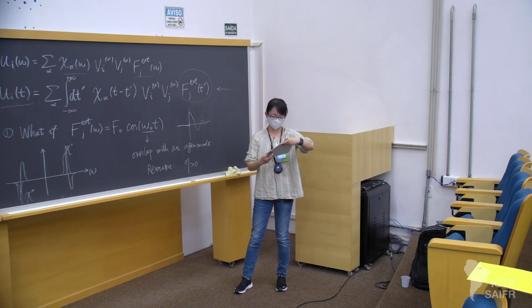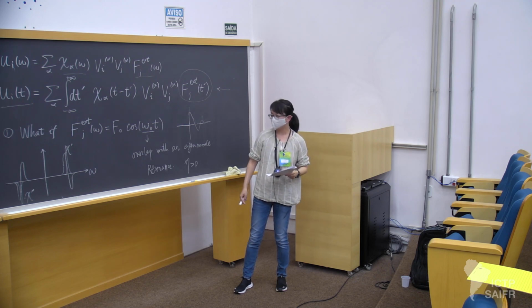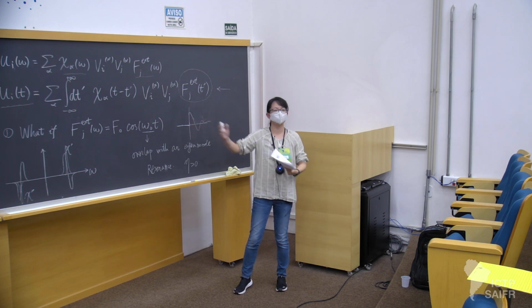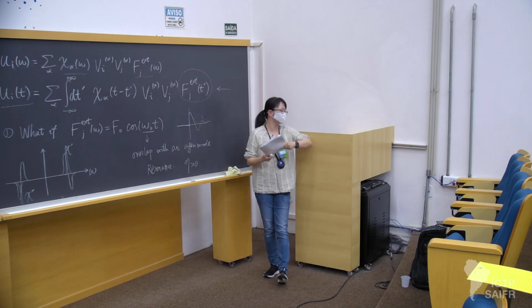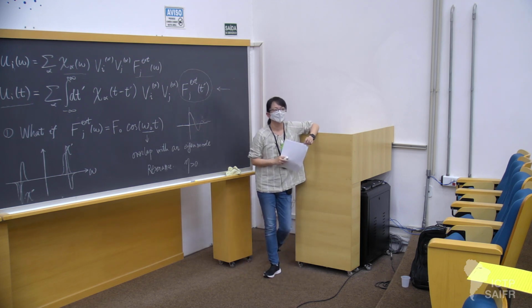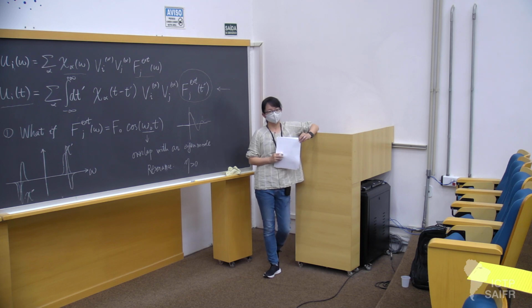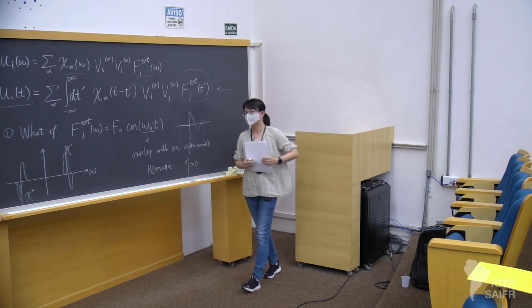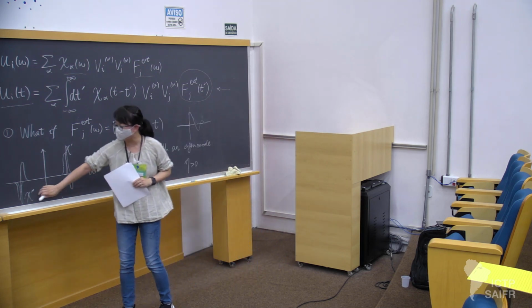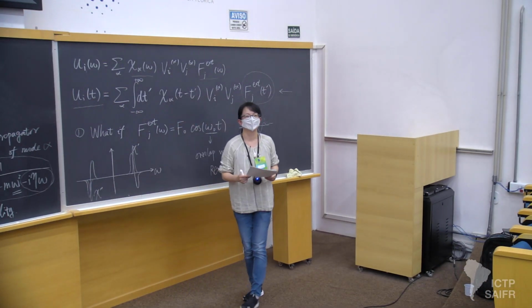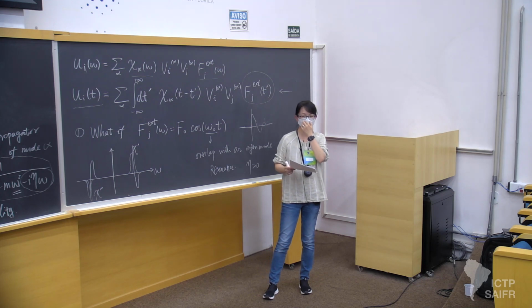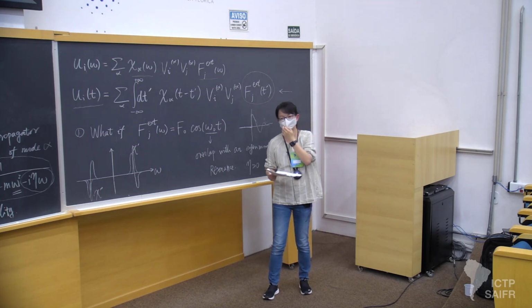So what is the physical meaning of the real and the imaginary part of this response function? Or in particular, what does the imaginary part tell us? It is the dissipation, right?